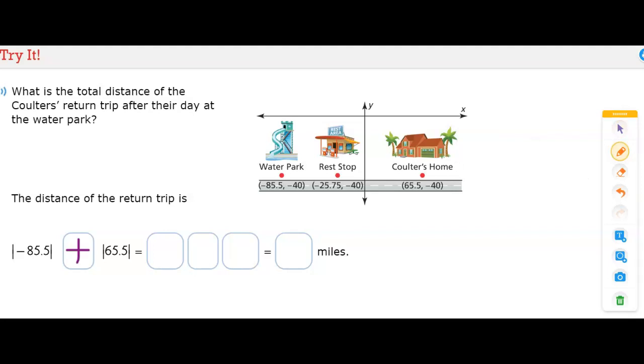So the absolute values of both of those would be 85 and 5/10 plus 65 and 5/10. And they got that right from here, 85 and the 65. That's where those two numbers came from. Once you add them up, you get 151. So that's the return trip all the way back home.